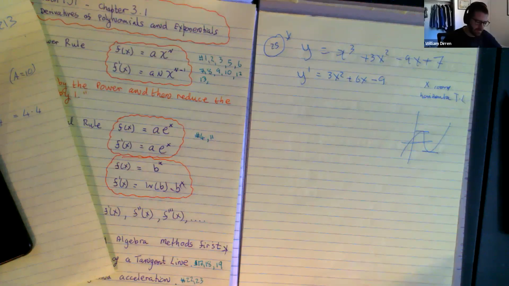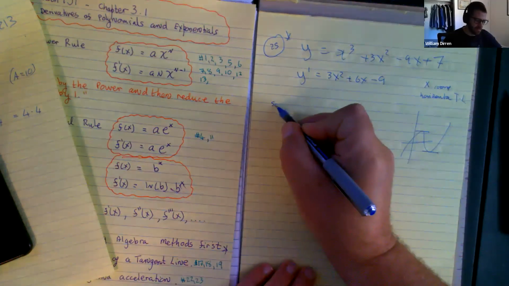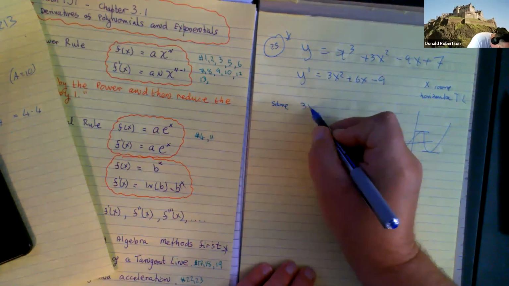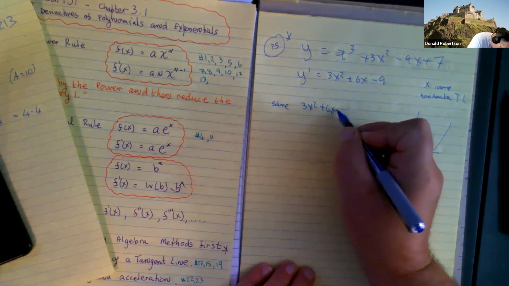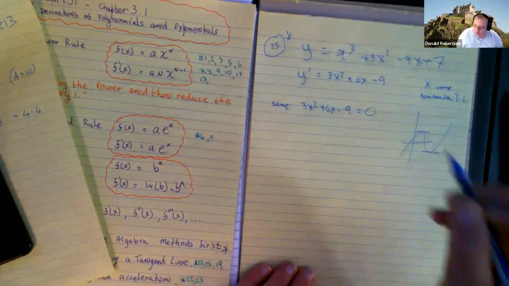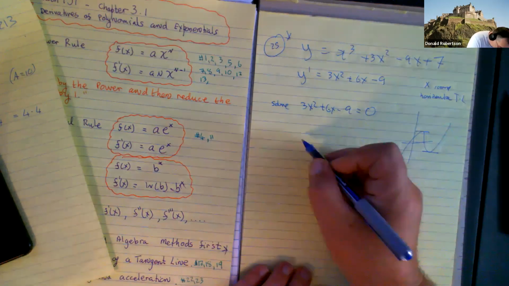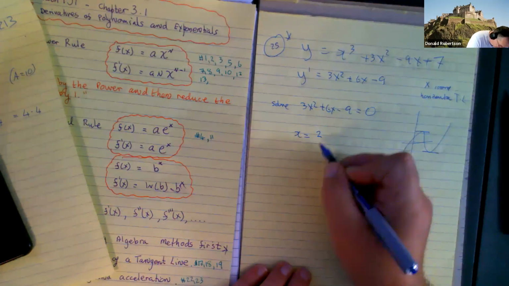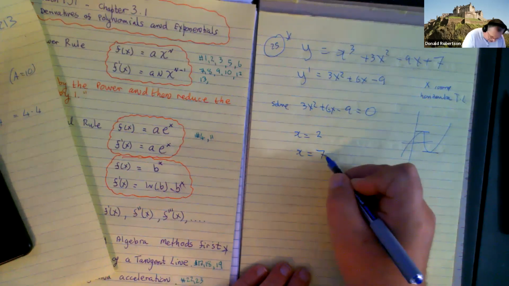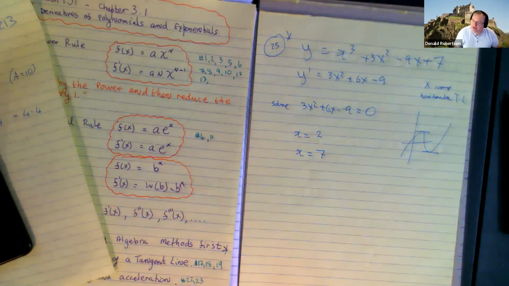Zero. So what you need to do then is solve a quadratic equation by whichever means you like. And I'm going to make this up, but can we pretend that one of the answers was x equals 2 and the other one was, say, x equals 7, just for argument's sake?